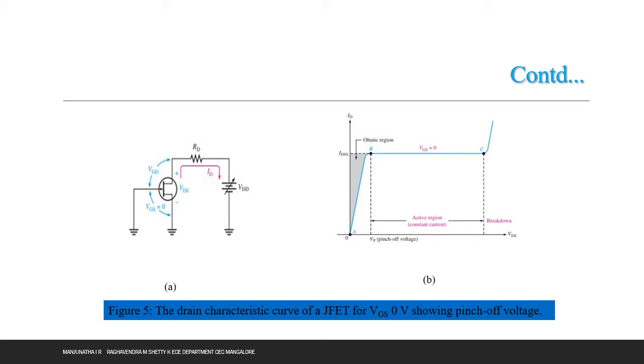After the ohmic region, or after a certain value of VDS, the current will become saturated.